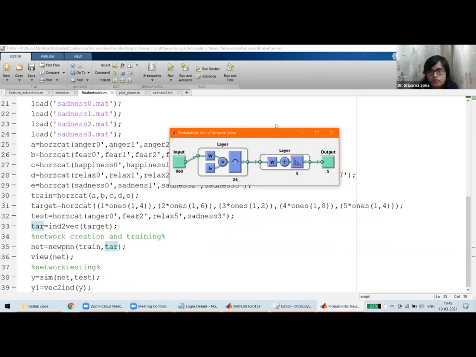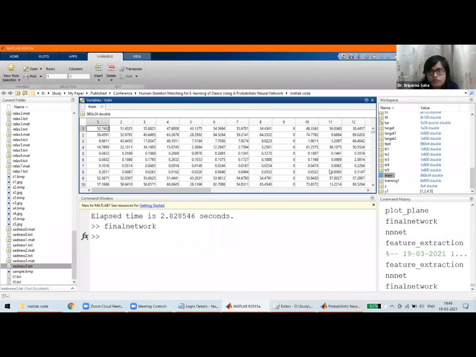So this is how the train matrix looks. This is the train data for training purposes, and for each of the data the corresponding class labels need to be specified, as it's a supervised architecture. So that is tar.